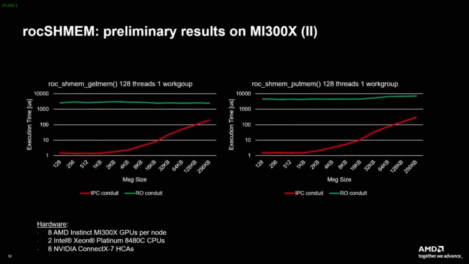If you use more threads, let's say 128 threads within a single workgroup, the IPC conduit is now able to outperform the RO conduit's performance, simply because you have multiple threads, and underneath the hood, the hardware is able to coalesce the individual transfers, and because of that, is able to achieve higher performance, right?